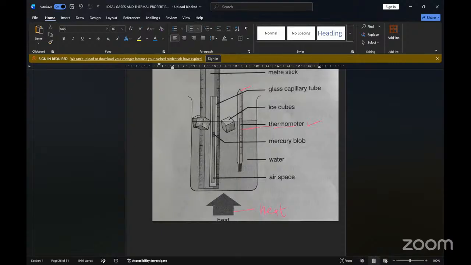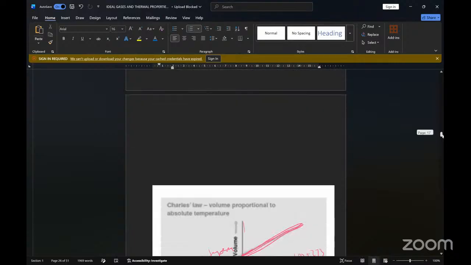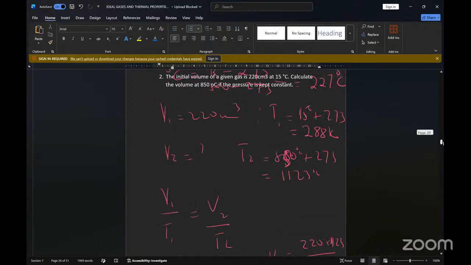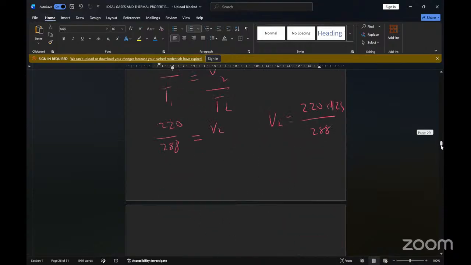So the thermometer is not the only thing you look for. With Gay-Lussac's law, you have to look for the thermometer and the pressure gauge. The pressure gauge measures the pressure. So you don't just see a thermometer and jump to the conclusion and say, oh, that is Gay-Lussac's law. No, thermometer plus pressure gauge.